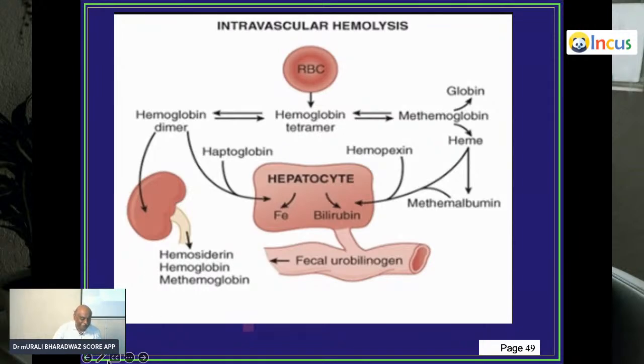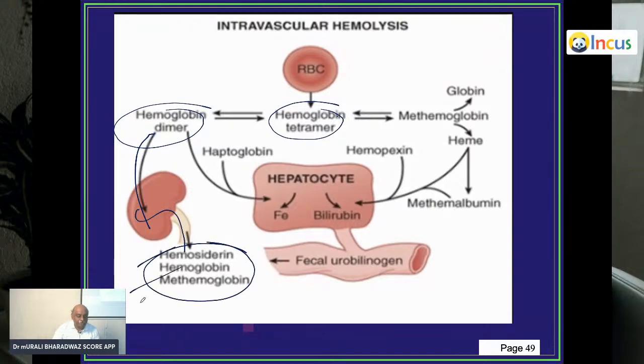So, now doctor, hemoglobin gets broken down, and the released hemoglobin will enter the urine and become hemosiderinuria and hemoglobinuria. It will typically be bound to haptoglobin. That's the reason haptoglobin levels will come down.